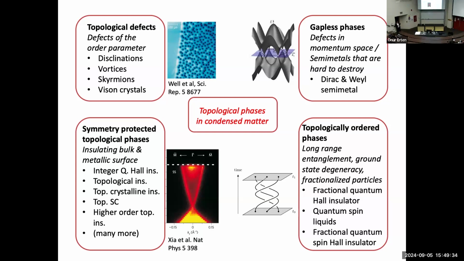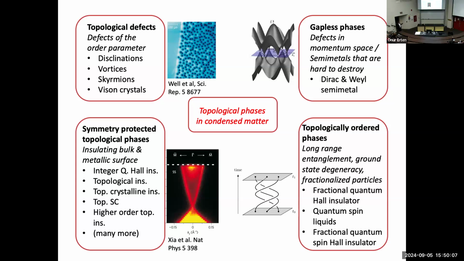Because similar to the quantum Hall effect, if you integrate the Berry curvature around these Dirac or Weyl points, you will get an invariant, a topological invariant. You will get an integer. Therefore, once you create these objects, it's very hard to get rid of them. Okay? So that's why the Dirac points in graphene are very, very stable. It's very hard to actually get rid of them.